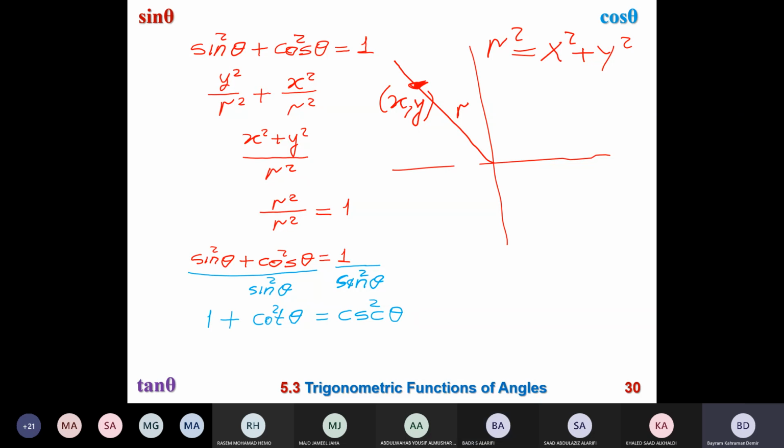So 1 plus cotangent square is cosecant square. It is just coming from this simple rule, sine square plus cosine square equals 1.